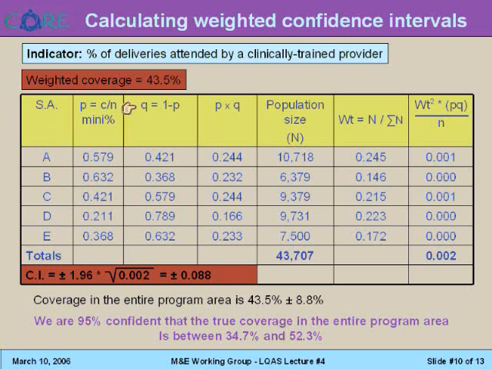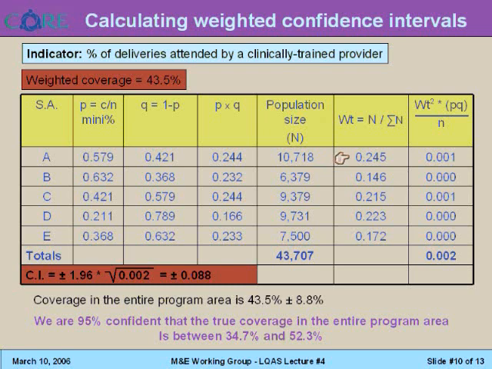Column 3 uses the value of Q, which is a result of 1 minus P. Column 4 shows the result of multiplying P times Q. So for this particular first value of 0.244, this is the result of multiplying 0.579 times 0.421. Column 5 once again shows the population size per supervision area, and column 6 shows the population weight per supervision area as we did it in the previous table.